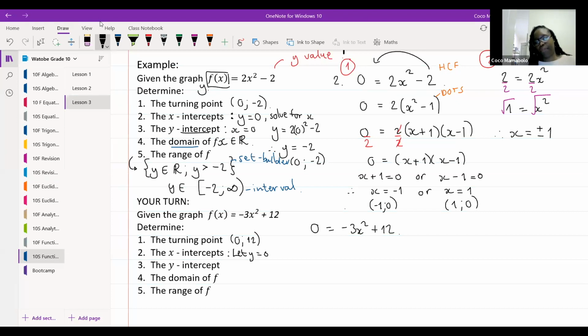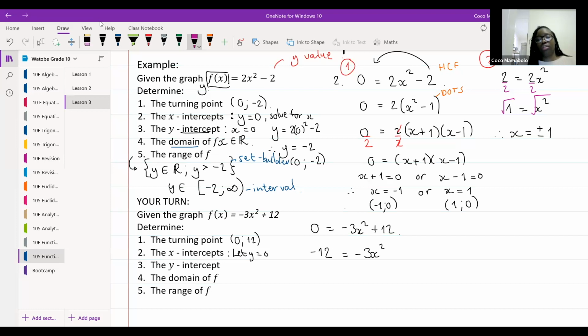Then 0 minus 12 equals negative 3x squared. I'm not even going to do the 0 minus 12, I'm just going to write negative 12. Is that okay? Negative 12.